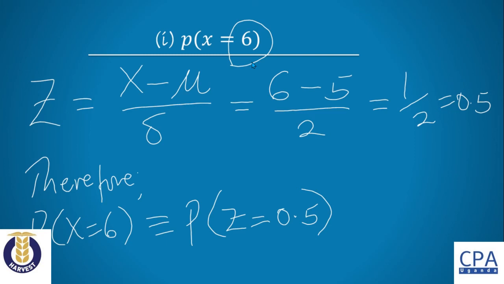Because if I don't do this, then it's going to be a bit confusing for you to know what is equal to, assuming you're given probability X is equal to, probability X is less than, and probability X is greater than. So the very first step you take is to convert the X to Z.